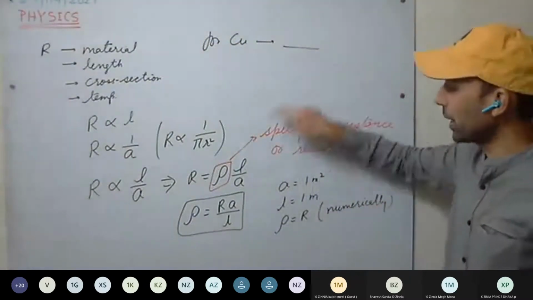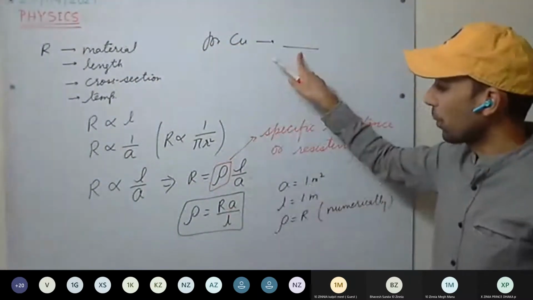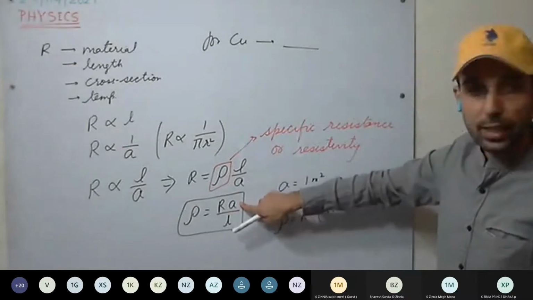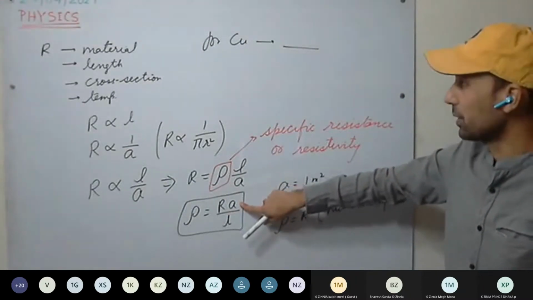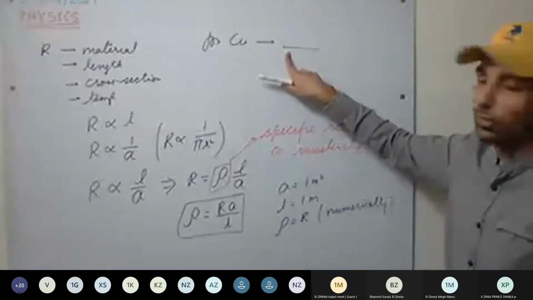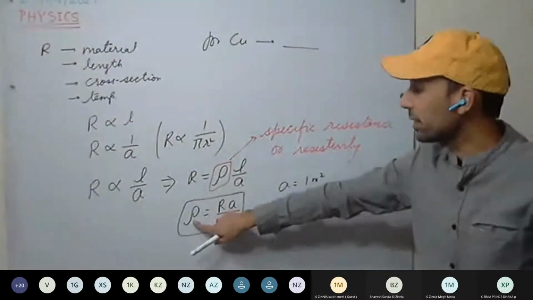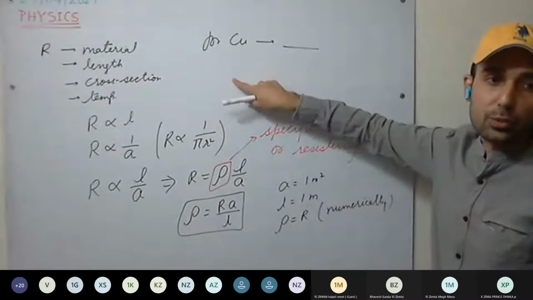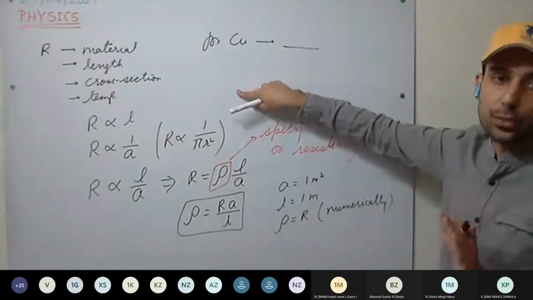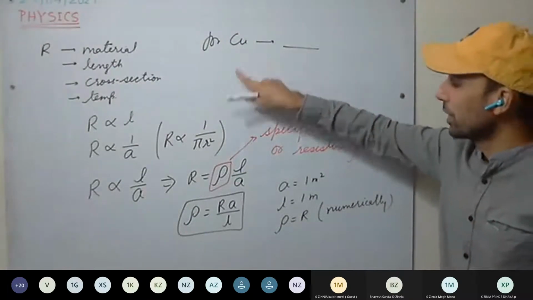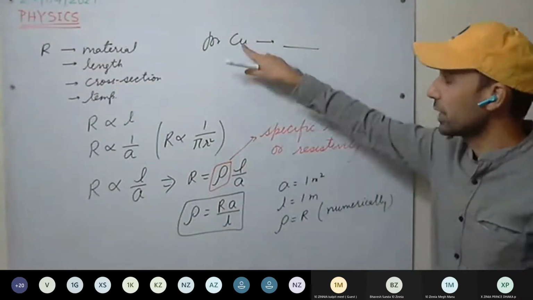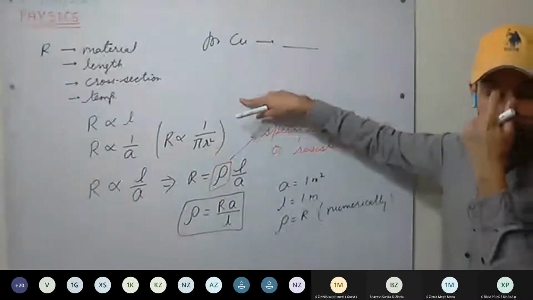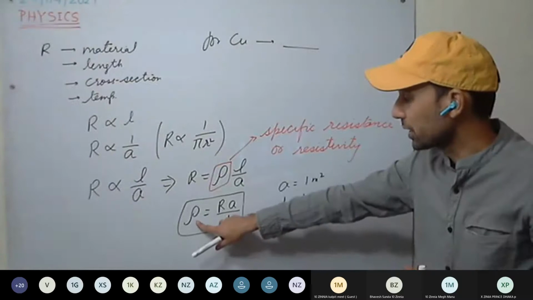That is the resistance offered by copper of unit length and unit area of cross section. Understood this one? Specific resistance is constant for each material at a particular temperature, the standard temperature. It is constant for each material. This is clear?